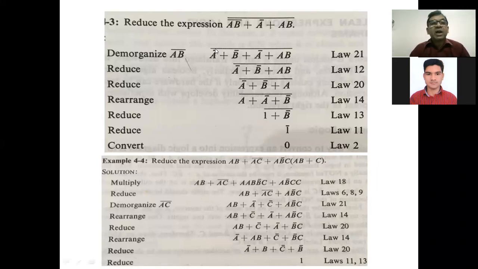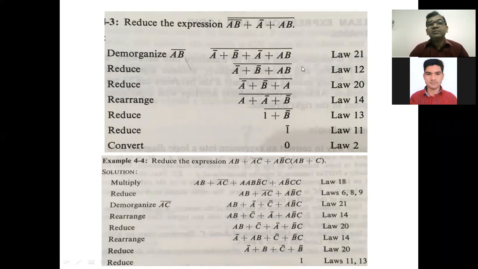First, we will apply De Morgan's theorem. We will reduce this AB bar by using law number 21, that is A plus AB bar is equal to A bar plus B bar. So this can be written as A bar plus B bar plus A bar plus AB whole bar.